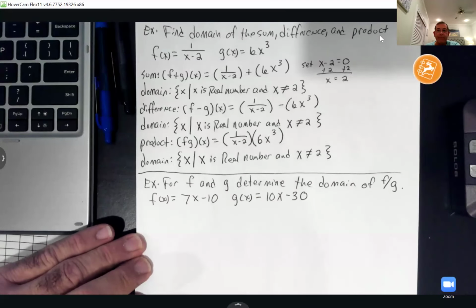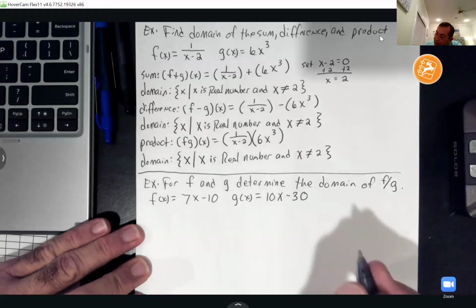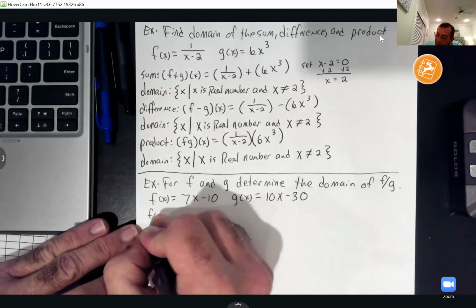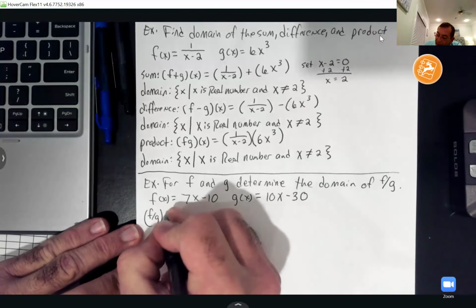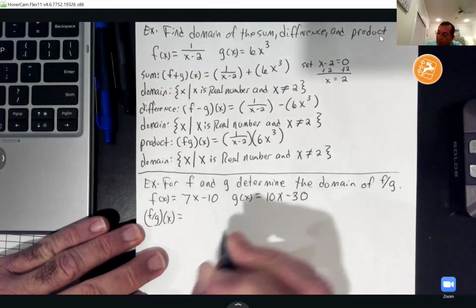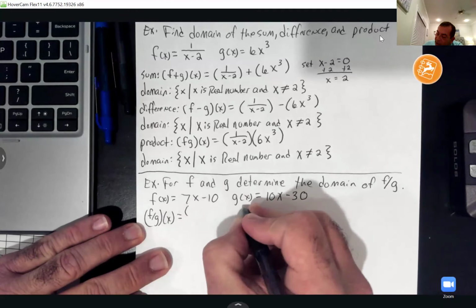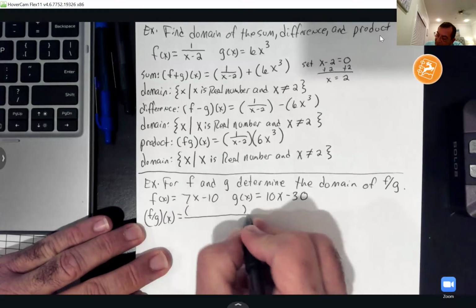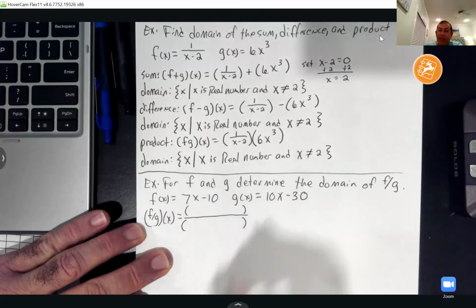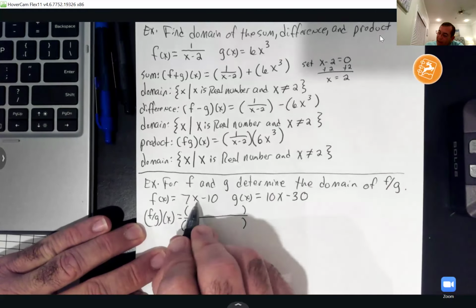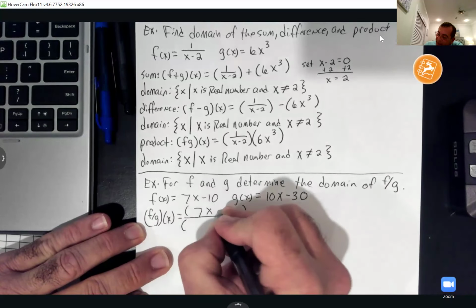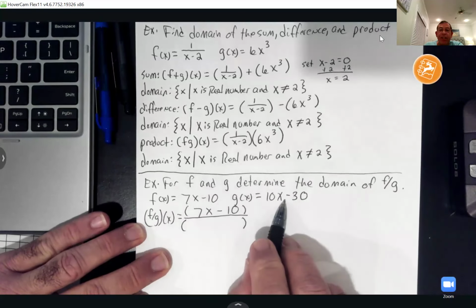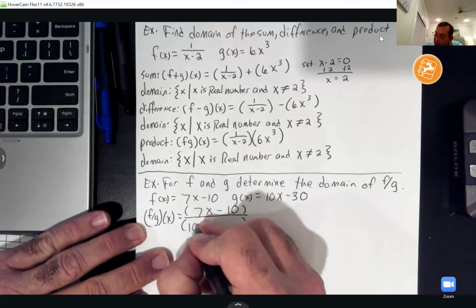So basically, f divided by g of x will equal my f equation divided by my g equation. f was 7x minus 10. g is 10x minus 30.